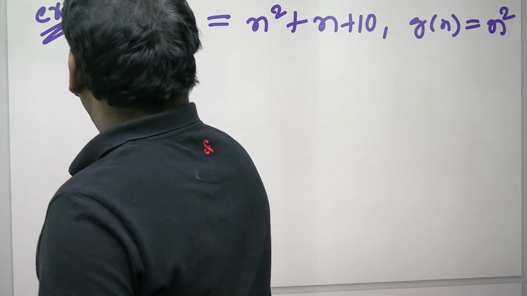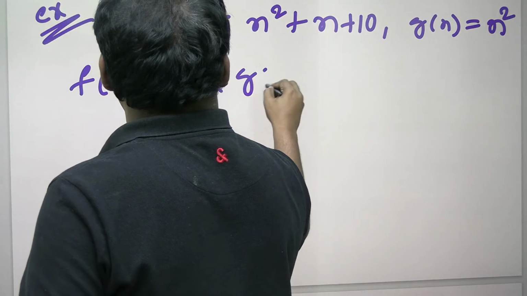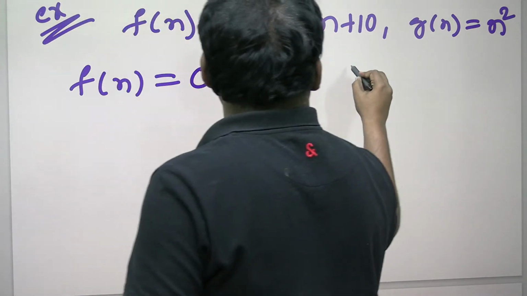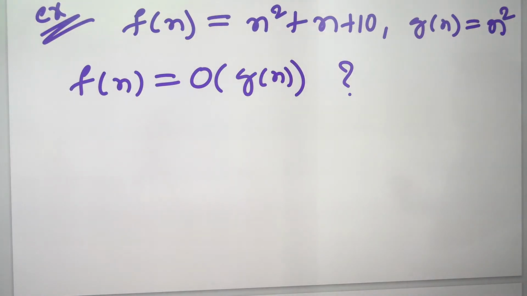I want to prove f of n is big O of g of n. Is it right or wrong? Can you verify? If f of n is n square plus n plus 10, g of n is n square, I want to prove f of n is big O of g of n. Is it right or wrong? Can you verify?